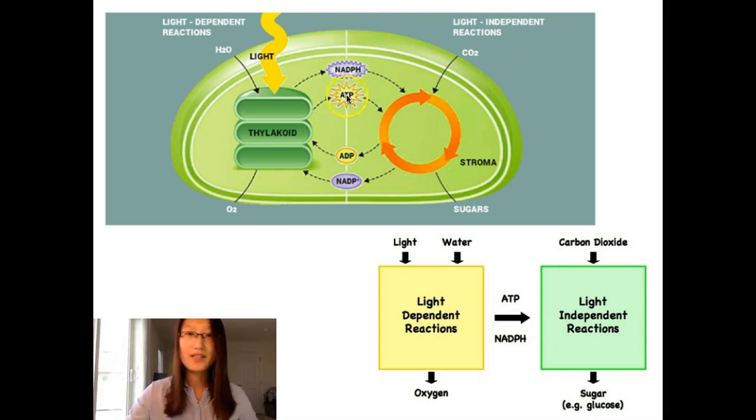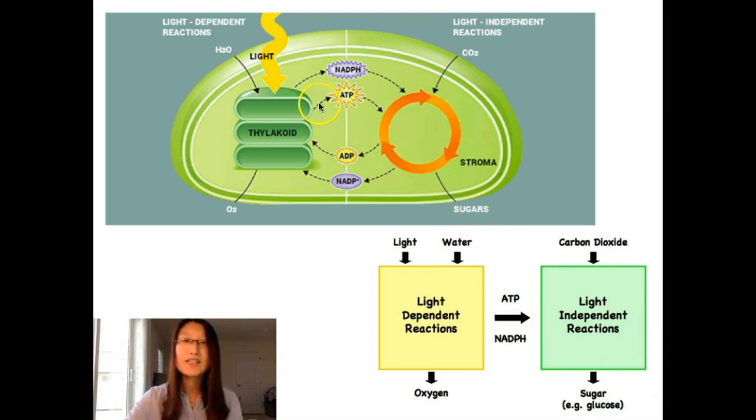All of this ATP and NADPH goes into the stroma. Remember, that's kind of the liquid inside the chloroplast, outside of the thylakoid. The energy in the ATP and the energy in the high energy electrons inside NADPH combine with CO2 and then eventually make sugar. So this is our final product, the sugar that plants really need for themselves.